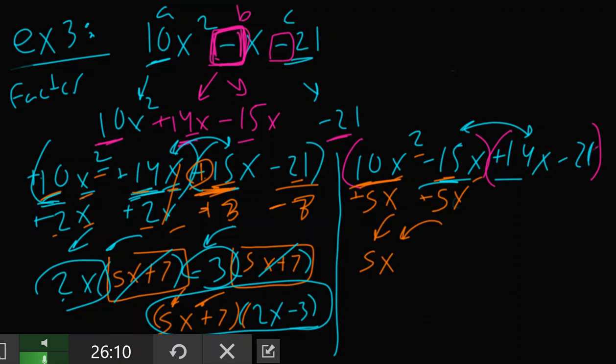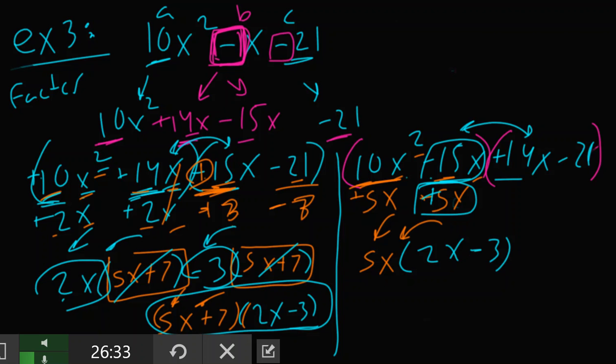Sorry guys, I get so excited for the math here, you know. Well, 10 divided by 5 is 2, and x squared divided by x is x. And here, what is negative 15x divided by positive 5x? A negative divided by positive is a negative, and 15 divided by 5 is 3.